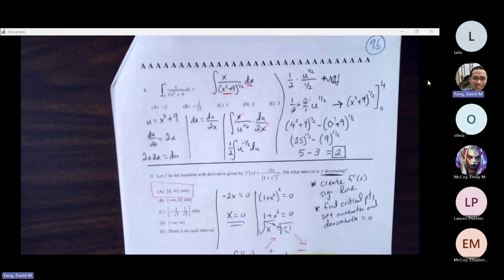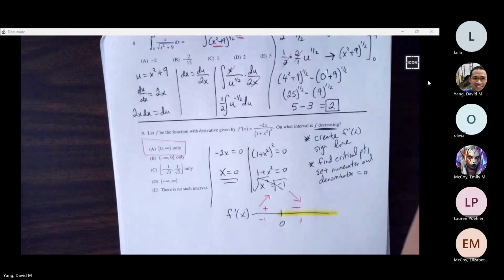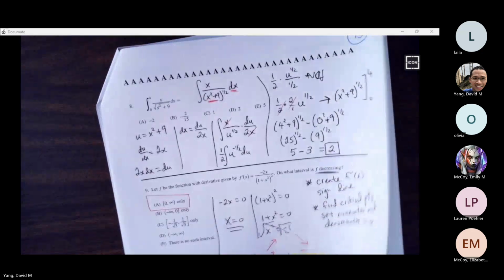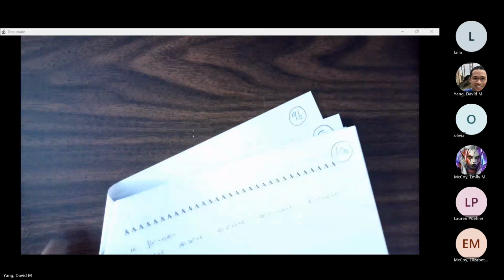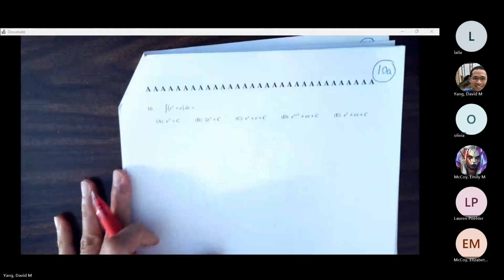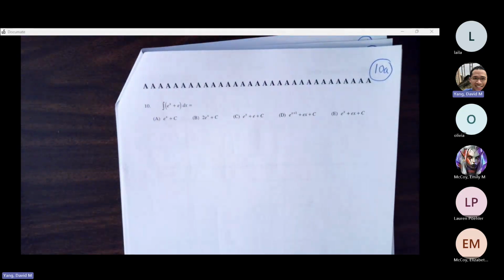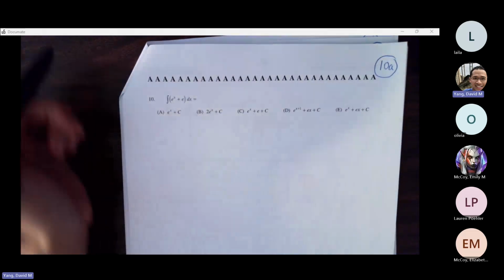All right, page 10. Integral of e to the x plus e.